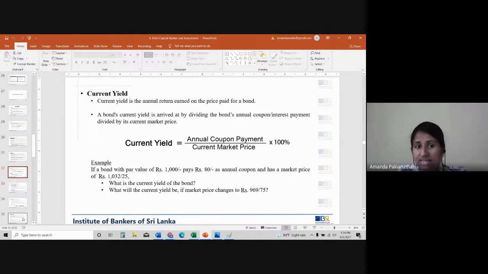Again, current yield is an annual rate, an annual percentage, but it will indicate to you what your return is for the next 12 months, or the next 1 year, if you buy this instrument today. That's why you call it current yield. It's the annual return that you can earn from the bond if you invest today.